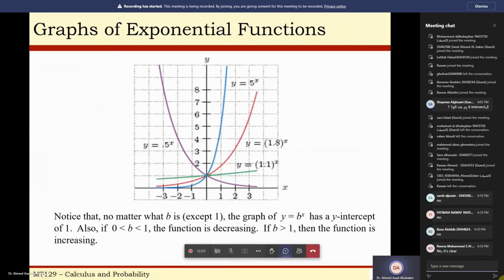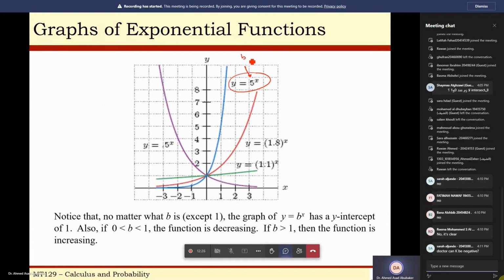Look at this, for example, y equals 5 to the power x. This is b to the power x, where b equals 5, which is greater than 1, so we have an increasing function.